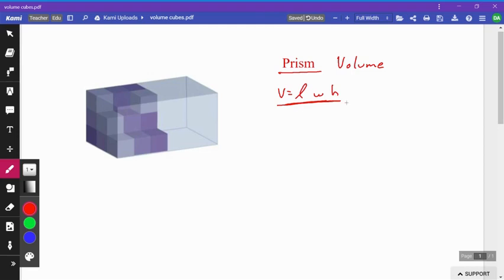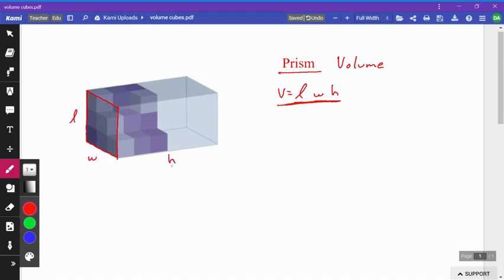So what I want to do is take a look at this prism right here. I can see that it has a square base, and then it's connected by rectangles. I'll call this the length, this the width, and this the height.